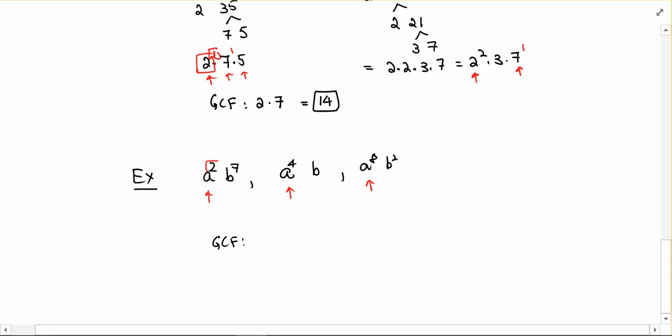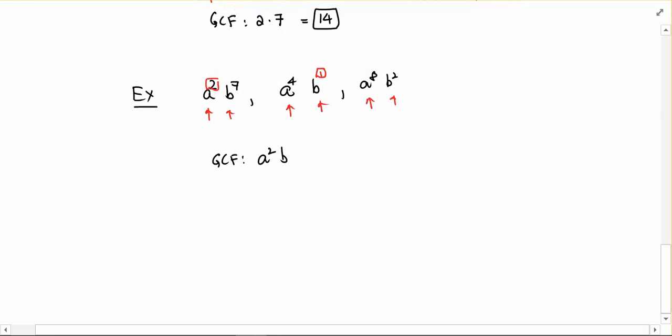The least power is 2. So the GCF consists of a to the 2nd. b is common to all, and the least power is 1. So the GCF is b. Strangely, with letters it's a whole lot easier. It's a lot easier to spot the GCF than it is with numbers, because the letters are usually written out in terms of powers.